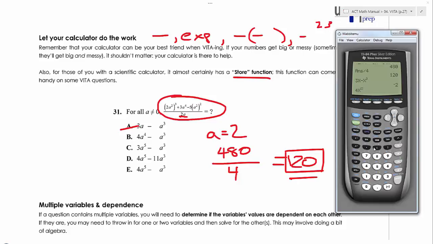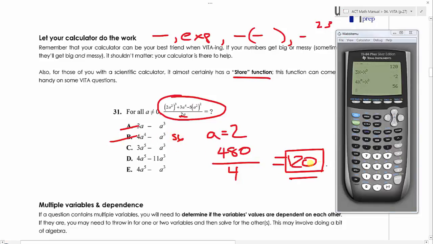So 4x to the 4th, I need to hit the right arrow, minus x cubed. Now keep in mind, if I was doing this with a regular calculator, it would actually be going a lot more quickly. So that was 56, so that's obviously not right. Answer choice C is 3x to the 5th. I've got to come down out of that exponent, minus x cubed.